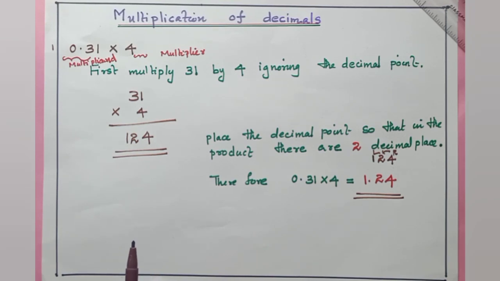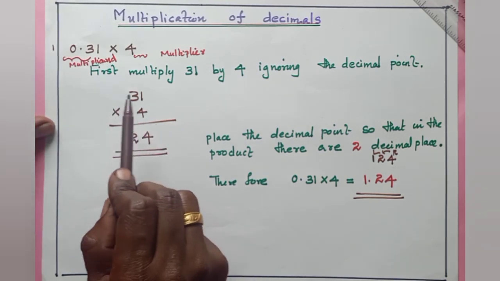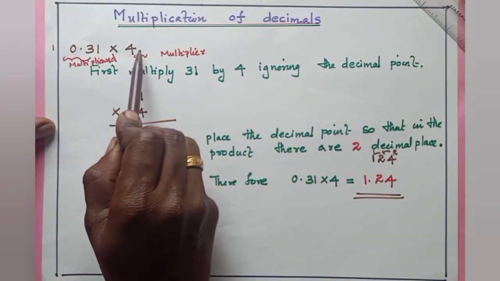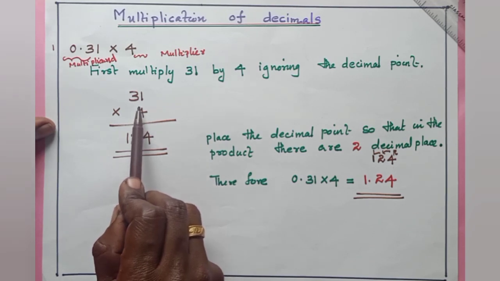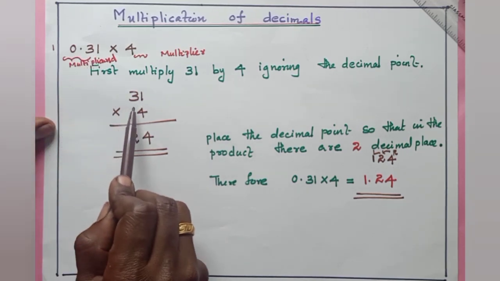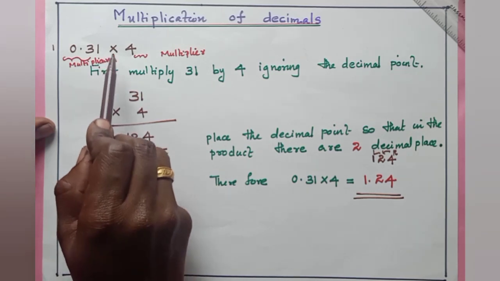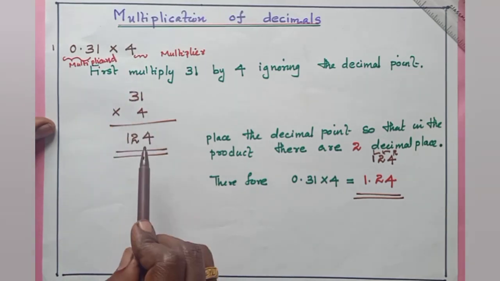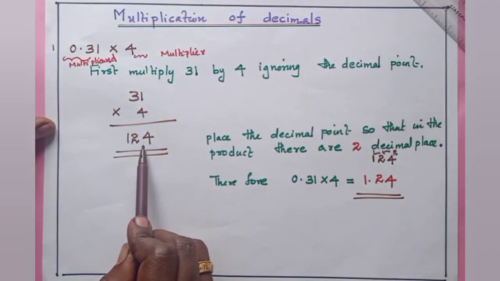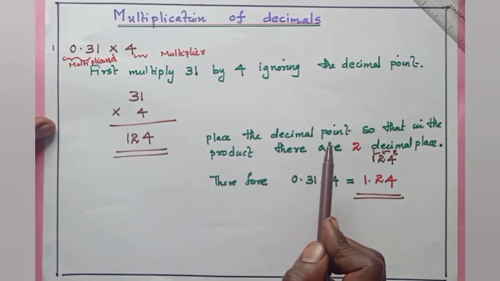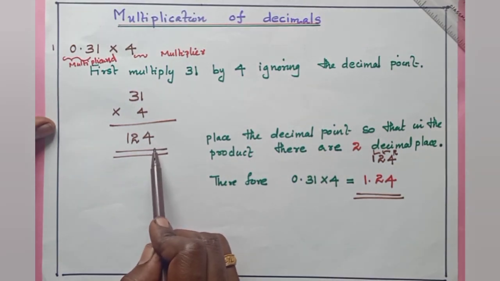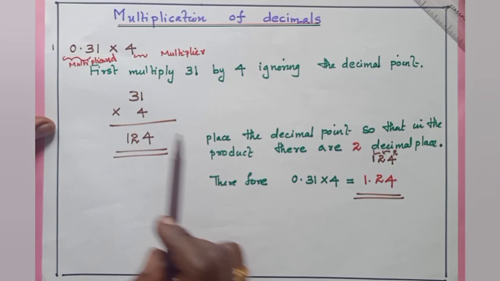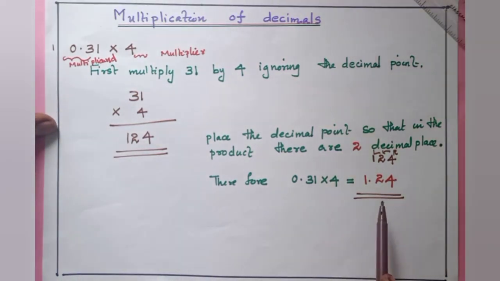So, once more, first ignoring the decimal point, write the number as a whole number. So 0.31 becomes 31, into the whole number 4. Multiply, we get the product 124. That is also a whole number, but we write the answer as a decimal number.